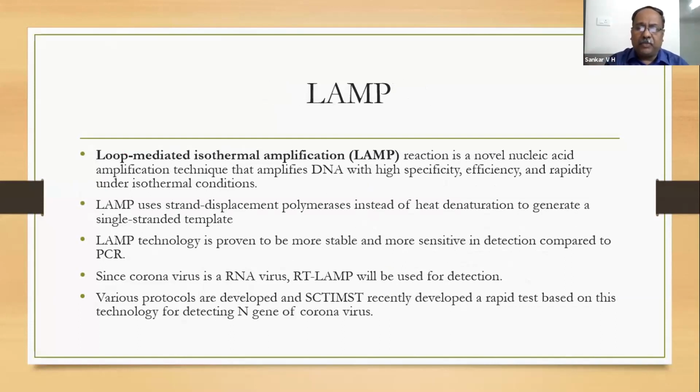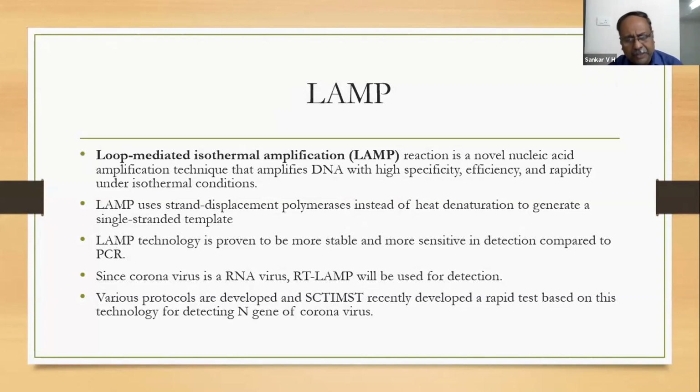You can take a small machine like our card swiping machine to the field and do the testing, and you will get results within 1 or 1.5 hours. I am not going into the technology. It was identified in 2014 and is a little bit different from PCR. The technology itself is different, but it is not a well standardized technique and is not much used in COVID or any other viral infection, though it has been well utilized in some veterinary viral disease outbreaks.